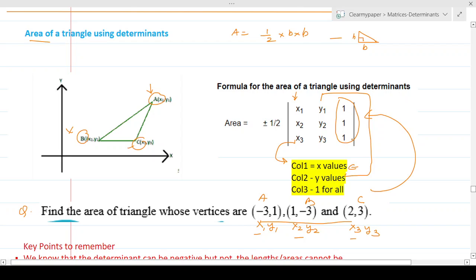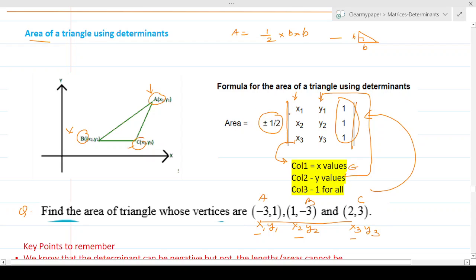It's 1, 1, 1. So again, the first column is all the x coordinates for the 3 points given, the second column is all the y coordinates, and the third column is just a constant 1, 1, 1. You take the determinant of this and multiply it by plus or minus half. We'll discuss what this means in a moment.